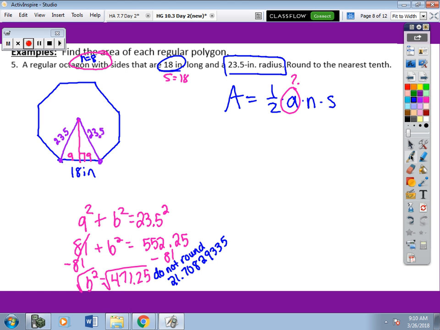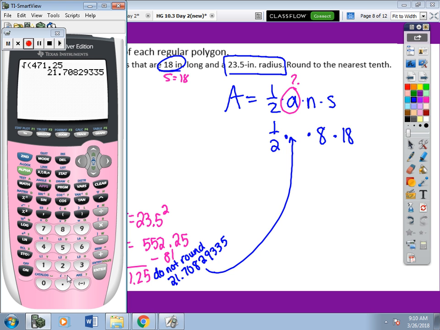So this would be 1/2 times the apothem times number of sides is 8 and side length is 18. So you can do 0.5 times, and you would press second negative and it'll say answer. So it's going to use your answer from the last question. And then times 8 times 18.